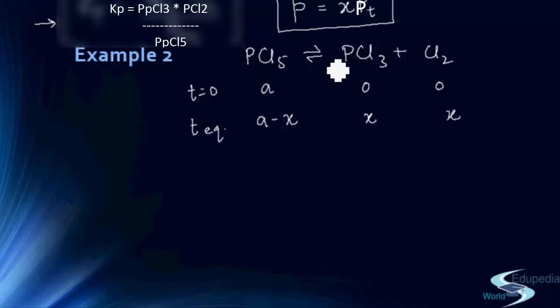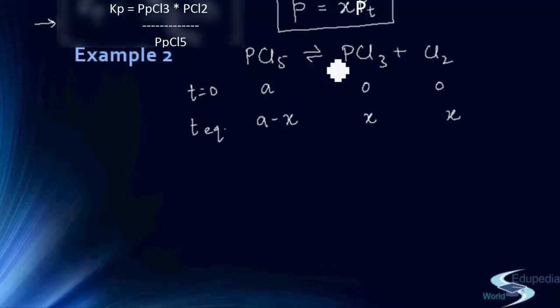These are moles I have taken here, and this is always applicable. This time I'm not writing partial pressures in terms of stoichiometric coefficients. Now I know these are my individual moles at equilibrium, and I want to convert these moles to partial pressures. So how will I do that?